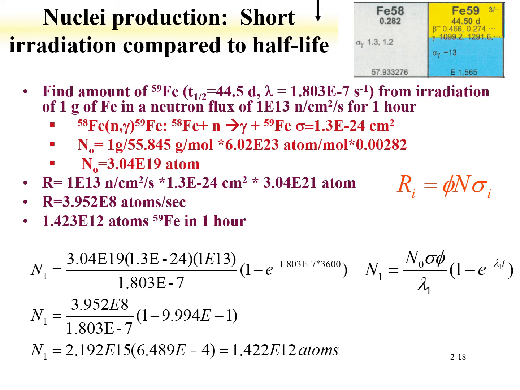And then I'm going to use this value because this is for iron. I didn't say any sort of enriched iron. I just said regular iron, and 0.282% of iron is iron 58. So I need to normalize it by that, and I get the number of targets as 3.04 times 10 to the 19th atoms.